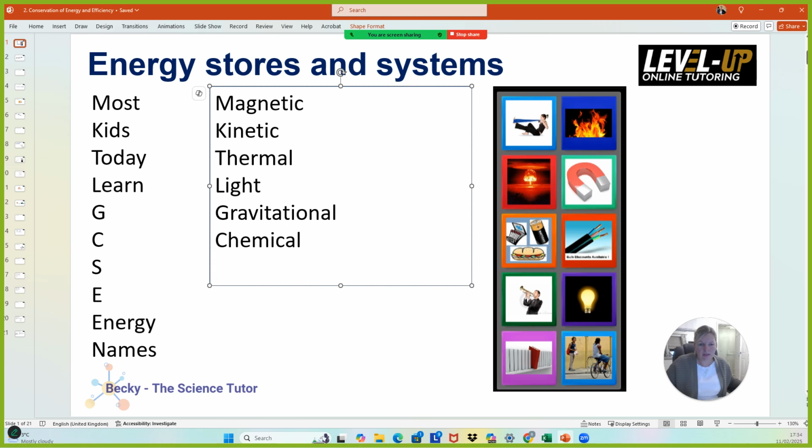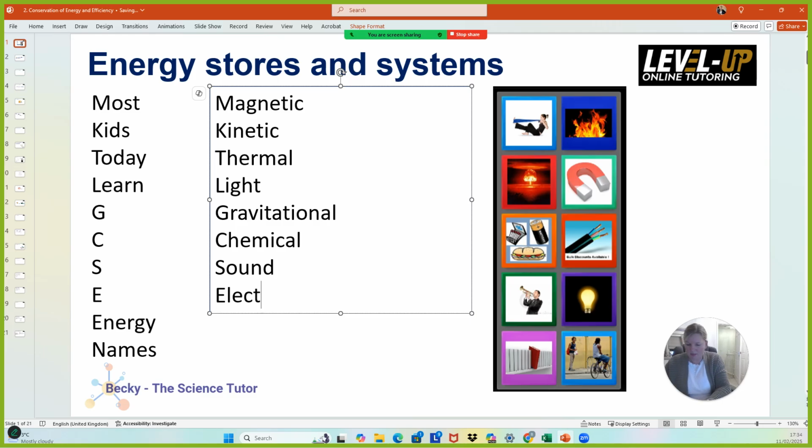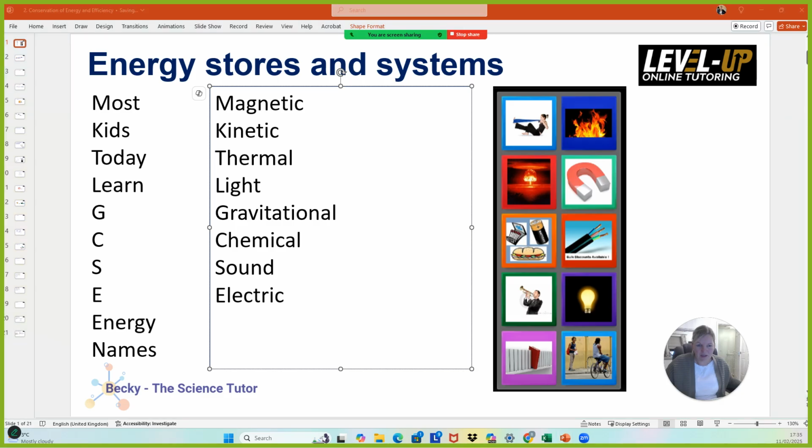Have we got somebody giving me S? Yes, sound. I think between you you've got them all. E, I've got electrical. Sorry if someone has already put it, but can you give me the other E? Electrical, and go for it again. I can't make my chat box big enough to see all what you've put. Thank you. Yes, elastic.